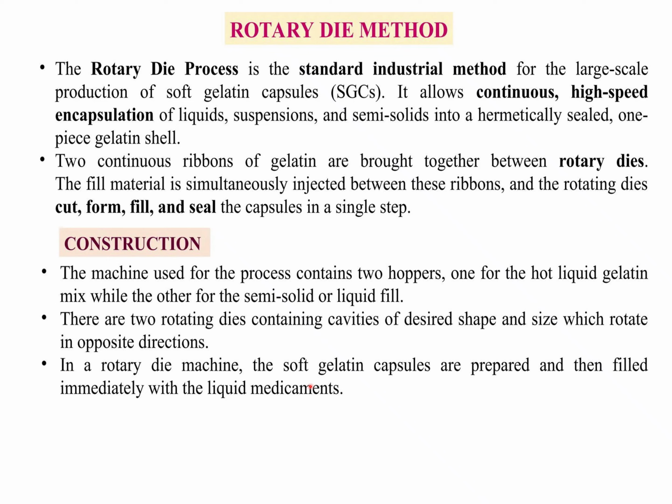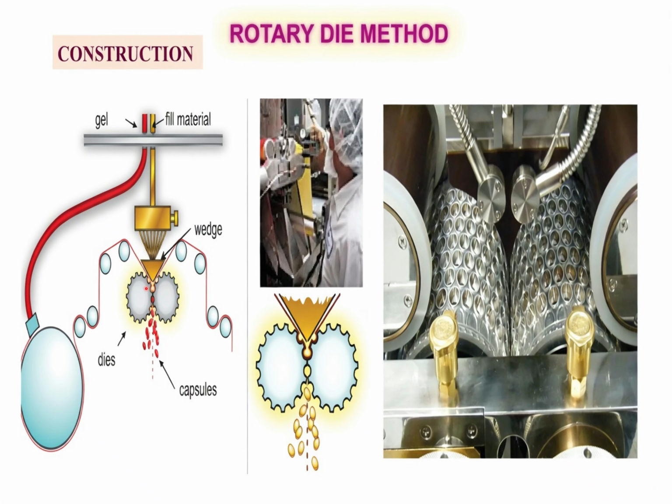In a rotary die machine, the soft gelatin capsules are prepared and then filled immediately with the liquid medicaments. So this is the overall construction for the rotary die method. We can see this is the gel and this is the fill material. Fill material is coming in the middle direction. These are the rotary dies.